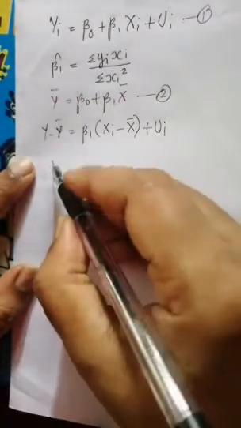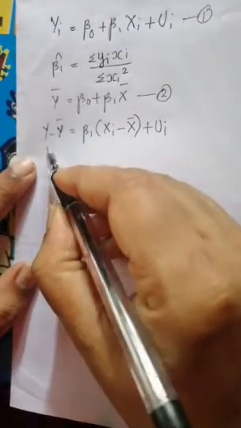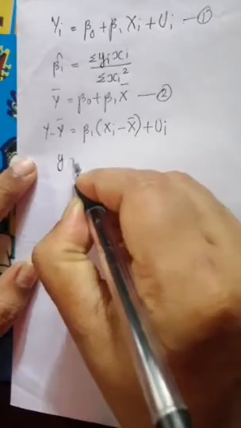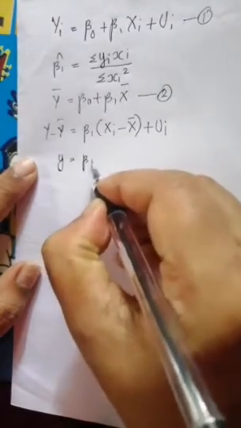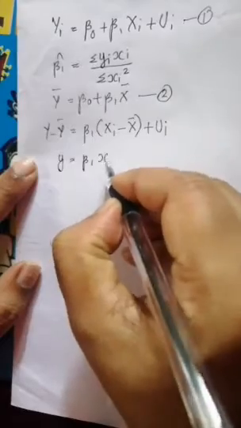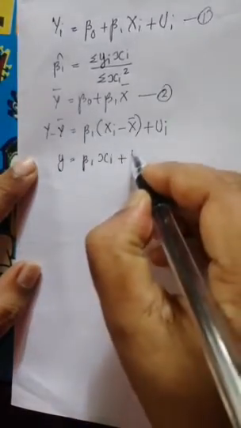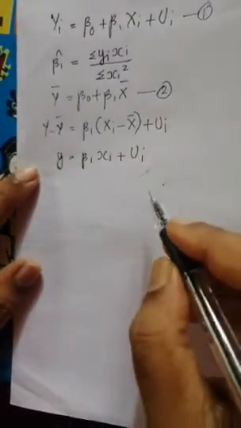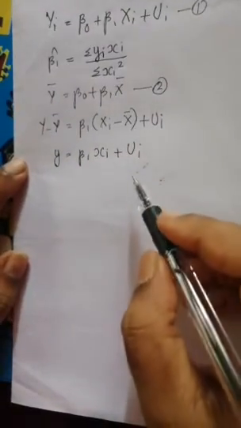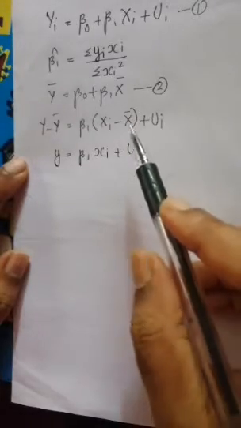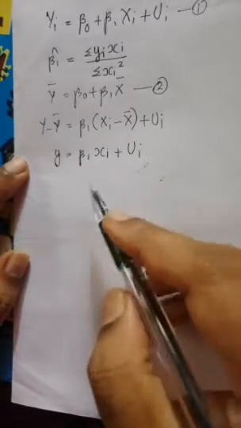In shortcut form we can rewrite yi minus y bar as small yi, which is equal to beta 1 times xi minus x bar, which is small xi, plus ui. This is the population regression function obtained by subtracting the mean function from the original function.